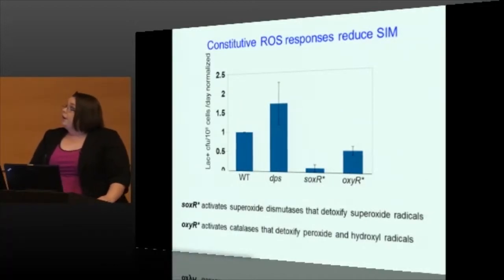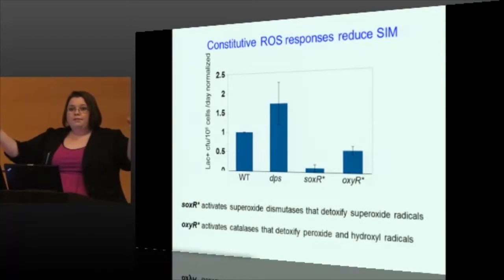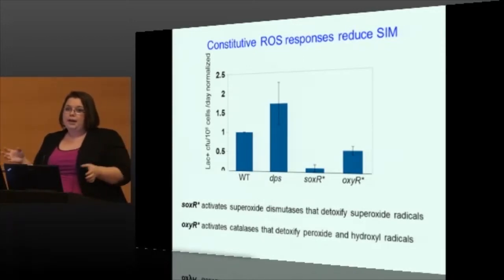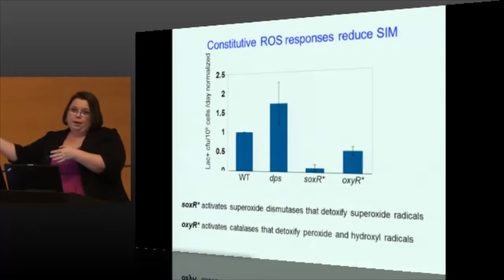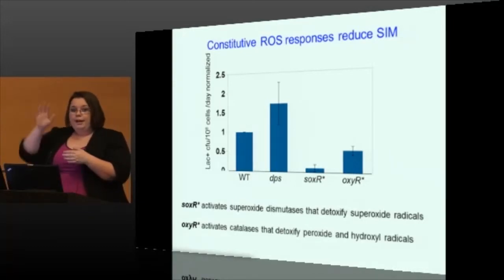So the second thing is we used 2 mutants that are constitutively active for the ROS responses. Now, what constitutively active means is E. coli has 2 ways of detoxifying ROS radicals. It has what we call the SOX-RS response, which is activated by SOX-R, that activates superoxide dismutases, which take care of superoxide.